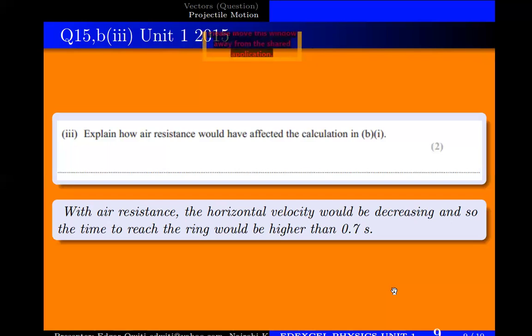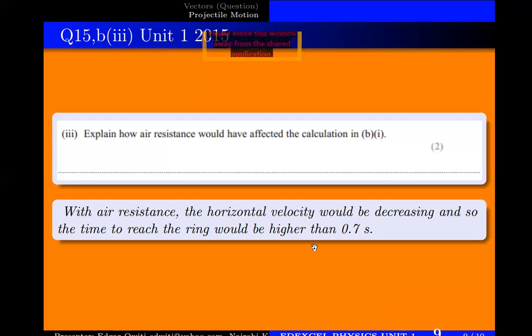So when the horizontal component is smaller than when air resistance is not considered, you expect that the time taken for the ball to reach the ring will be higher than 0.7. So a reduced velocity will increase the time, and that is basically how you look at it. So air resistance will decrease horizontal velocity, and when horizontal velocity is reduced, the time taken will be higher than 0.7.